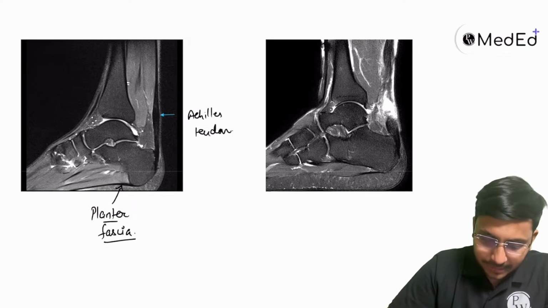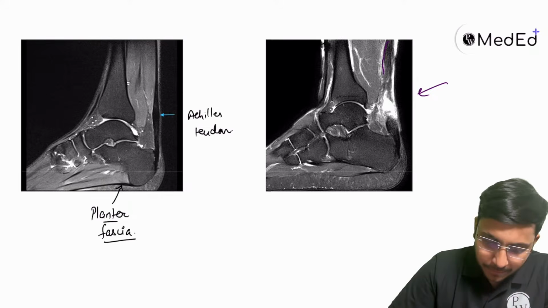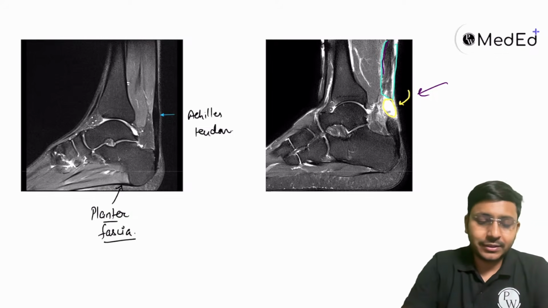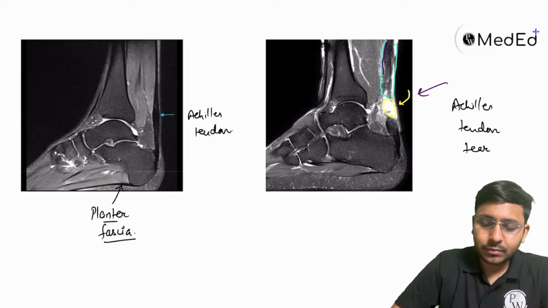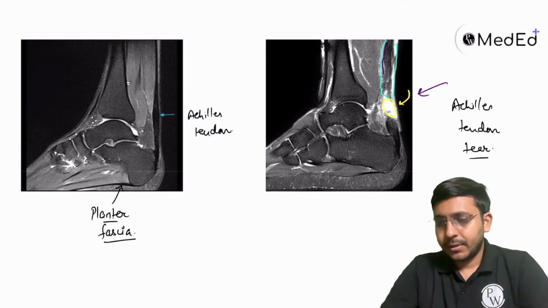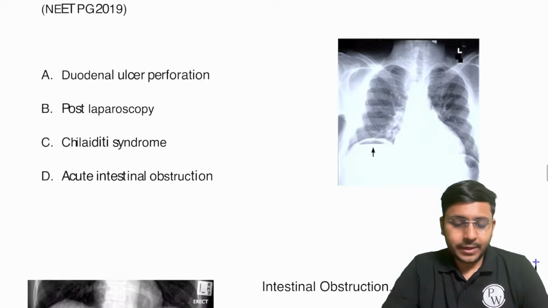So what is this image showing you? In the region of the Achilles tendon, you see there is discontinuity and there is fluid signal in the region of discontinuity. So this is how a typical Achilles tendon tear looks like.